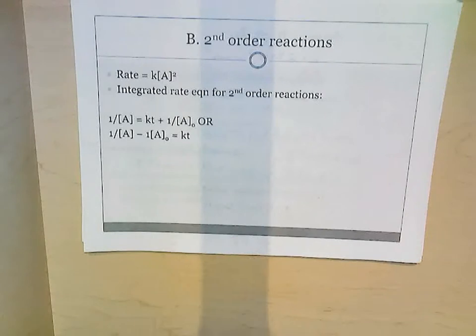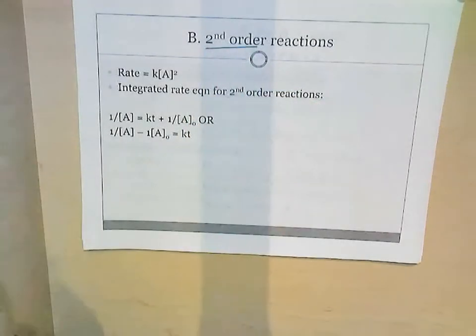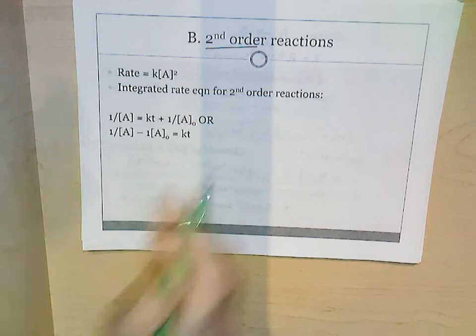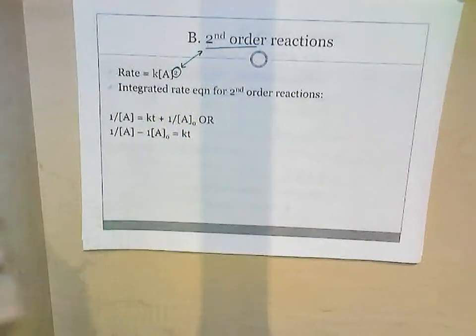All right. So how do I know that this rate equation is a second order reaction? What in the rate law tells me it's second order? Right, this right here, right? That tells me second order.